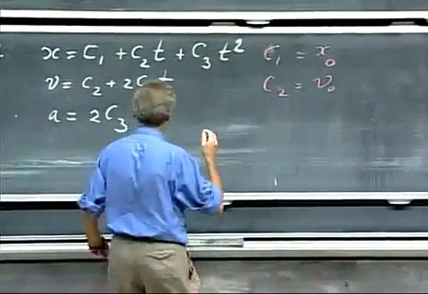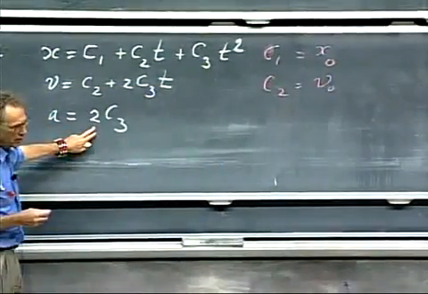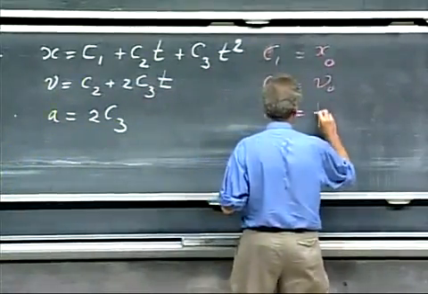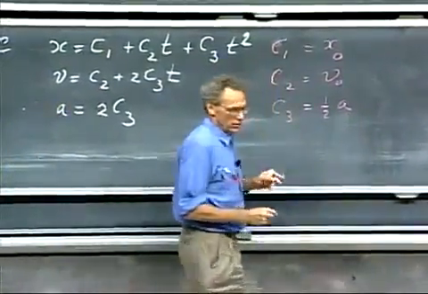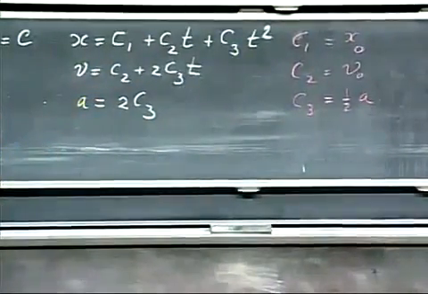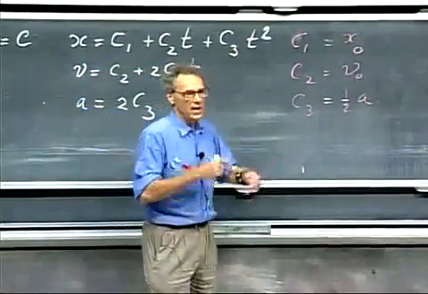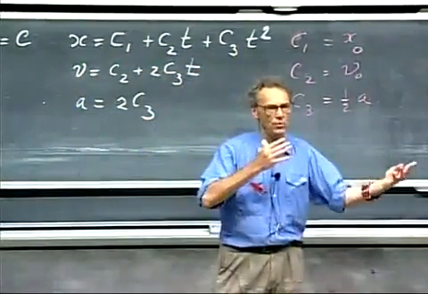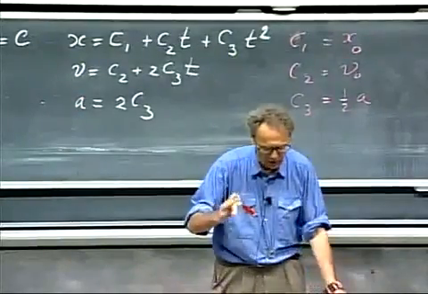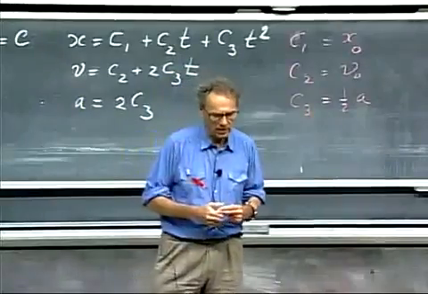And the acceleration is not changing with time, is 2c3. Therefore, c3 is half the acceleration. So this gives you some insight in the meaning of these quantities, and you can read some physics in there. c1, c2, and c3 can independently be either 0 or larger than 0 or negative. Makes no difference. Each one of these combinations is a valid possibility in physics.